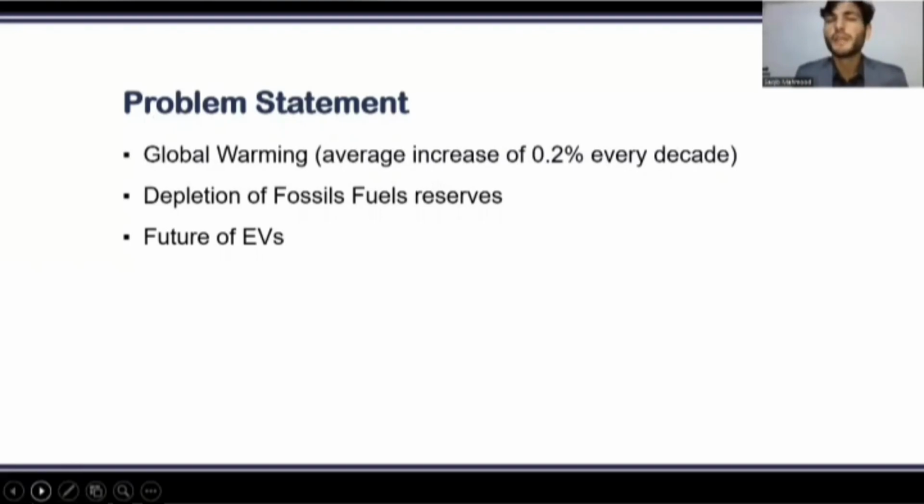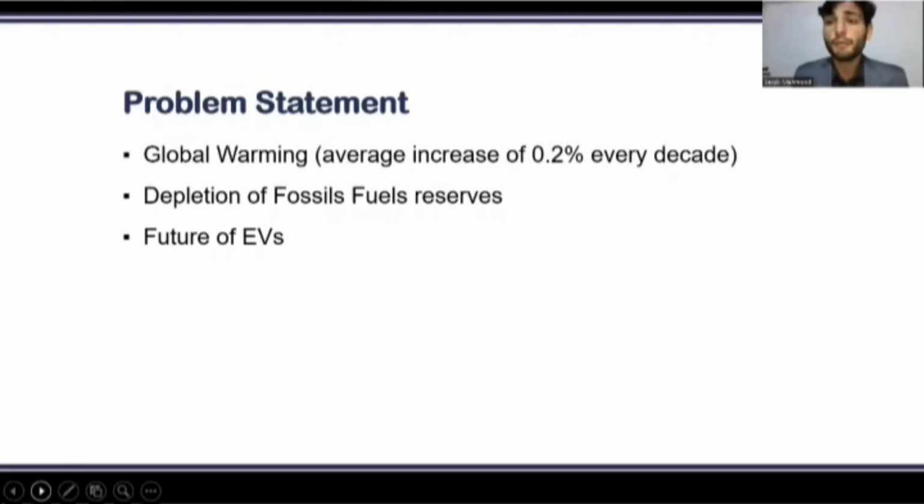So they release toxic gases including methane, carbon dioxide, and nitrogen oxides to the atmosphere, which adds to global warming. We know that fossil fuels are limited in quantity on Earth, and internal combustion engines run on fossil fuel.